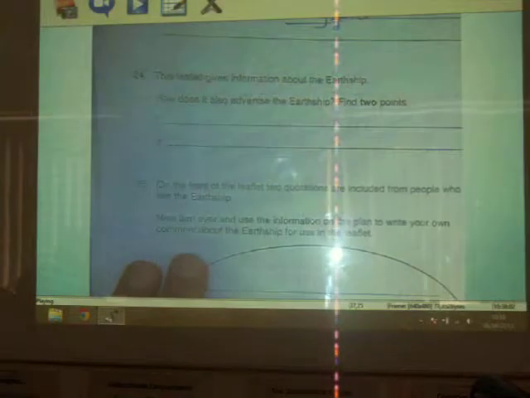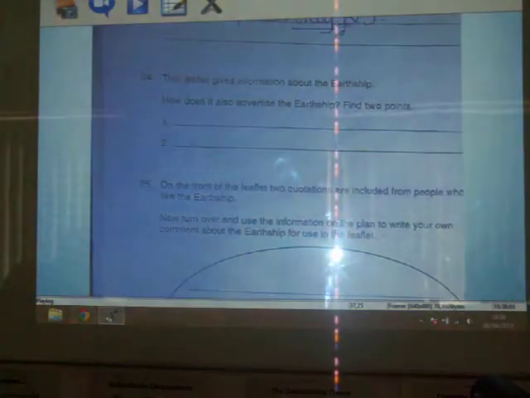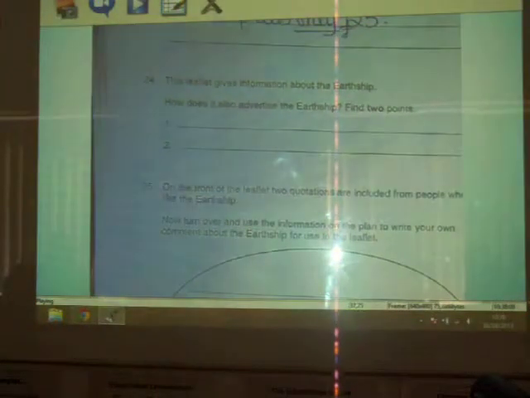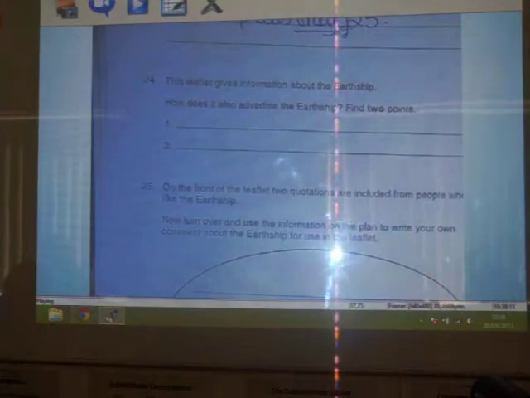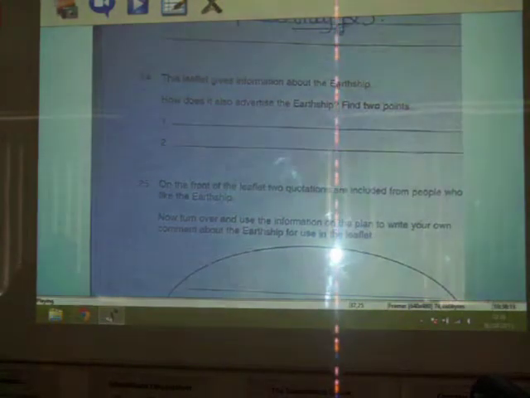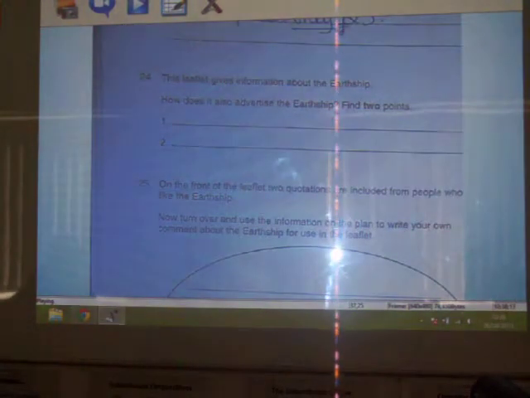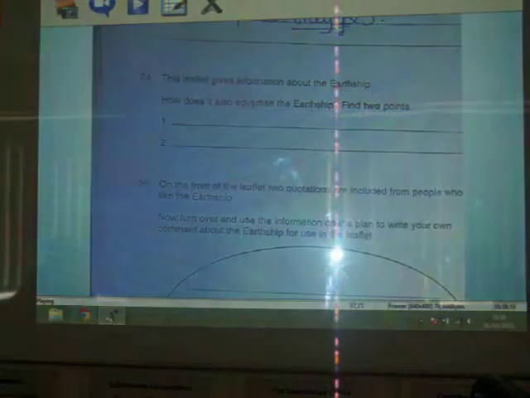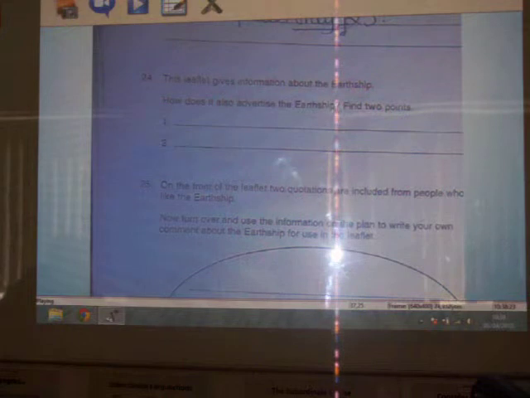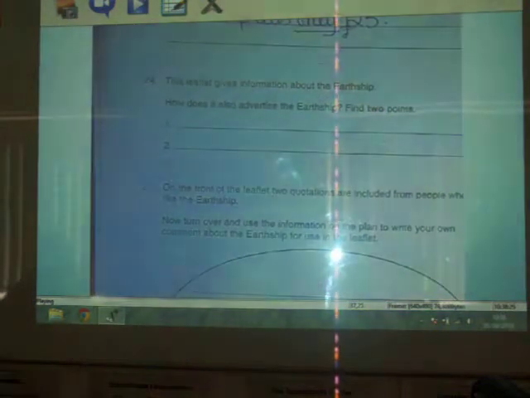Question number 24. This leaflet gives information about the earthship. How does it also advertise the earthship? Find 2 points for advertising. Remember, it's an advertisement. What information shows us it's an advertisement? What's the first thing that catches your eye on the page?